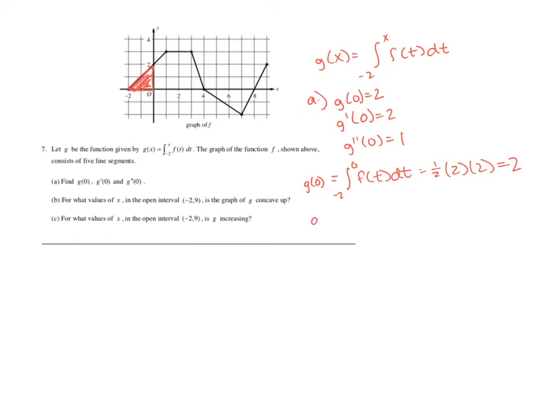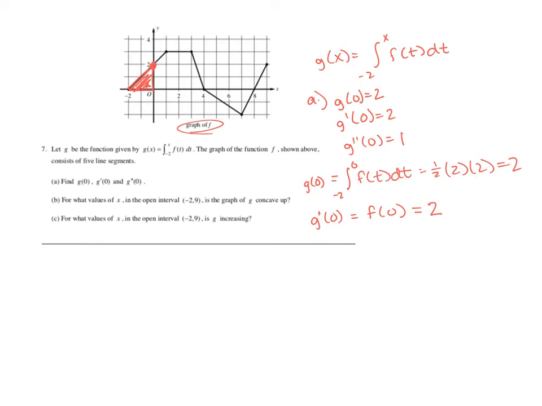To get g prime of 0, g prime of x is just going to be f of x, so g prime of 0 is f of 0. And f of 0 is just the y value of this graph, because this is the graph of f, so f of 0 is 2.